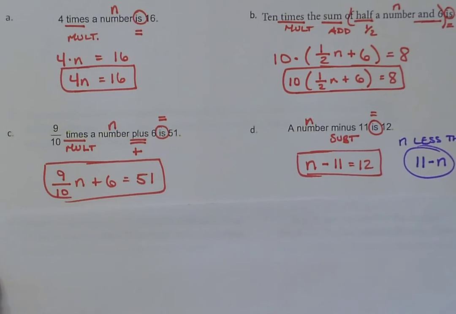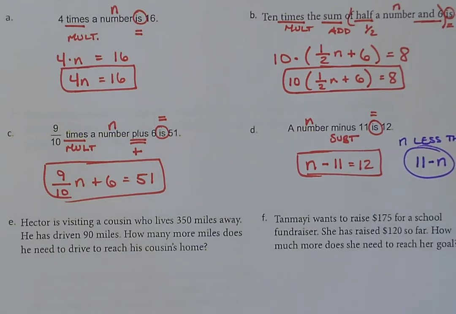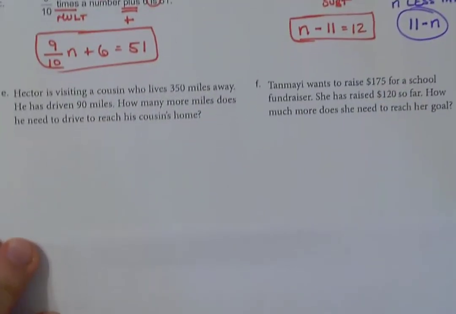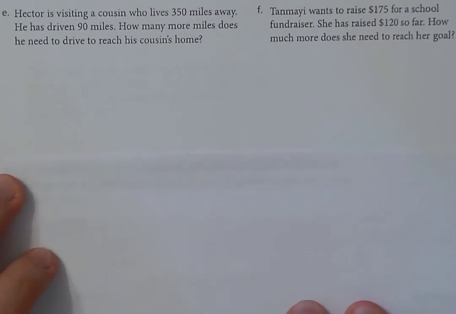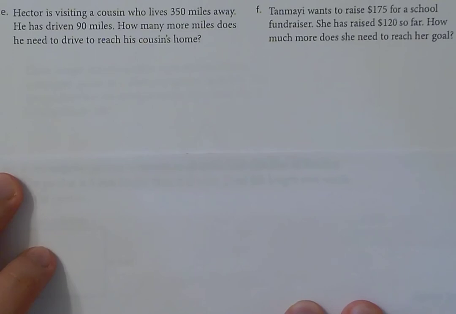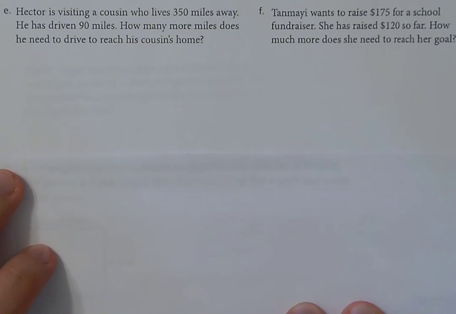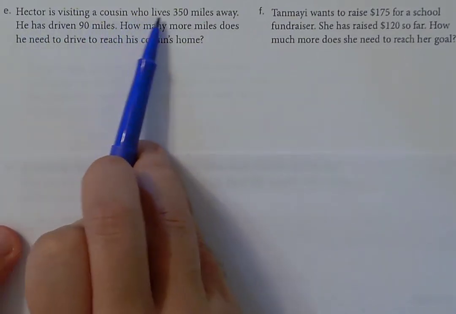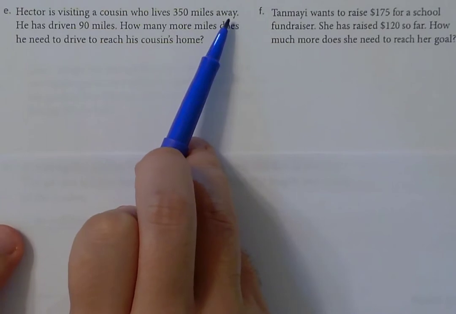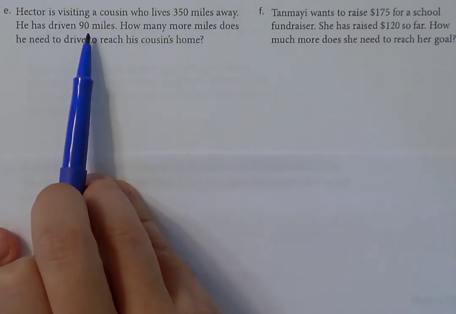All right, so moving on, let's take a look at E and F. So these are going to bring in some story problems for us to go through and solve. All right, for E, Hector is visiting a cousin who lives 350 miles away. He has driven 90 miles.